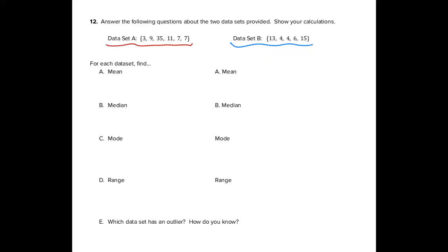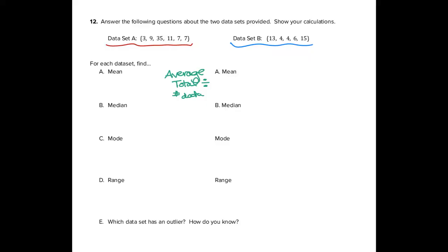That would be the average. How do you find the average? You need to find the total by adding all the numbers up, and then you need to divide by the number of pieces of data that you have.